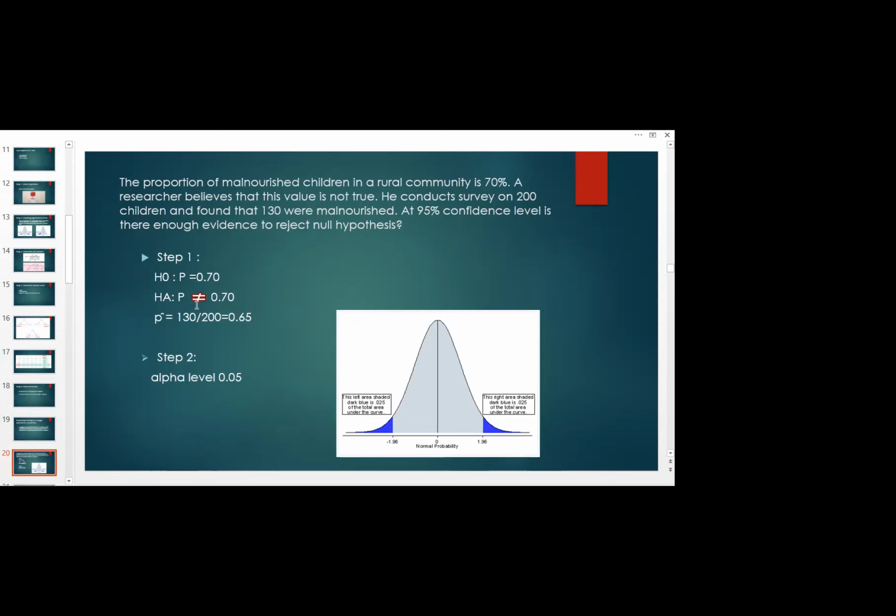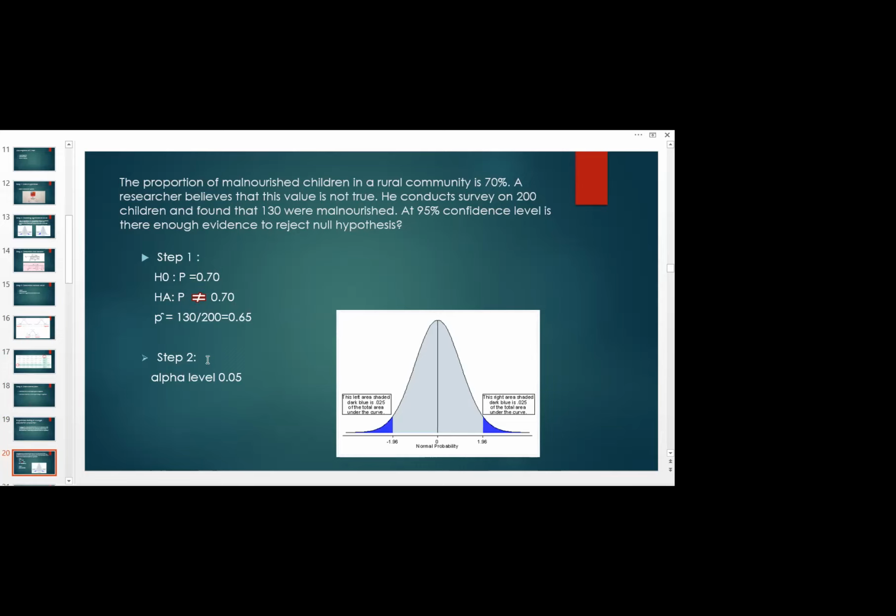The alternate hypothesis is that it is not 0.70. Now the p hat, which is the sample proportion: 130 out of 200 children, so it becomes 0.65.